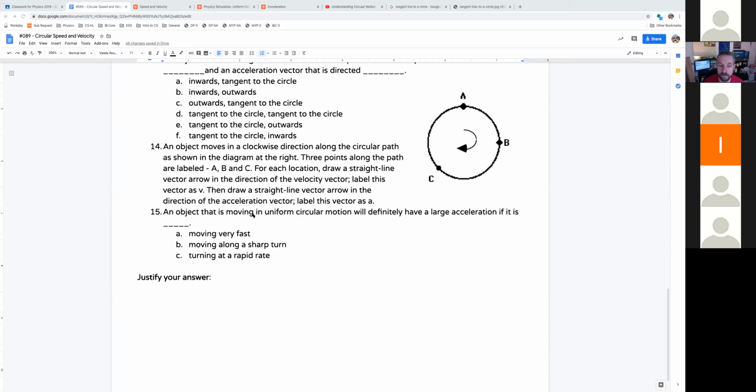Can it be all of them? It could be, as long as you can justify your answer. I would have said A or C. Okay. Just as long as you justify your answer. So I'm asking you to justify for number 15.